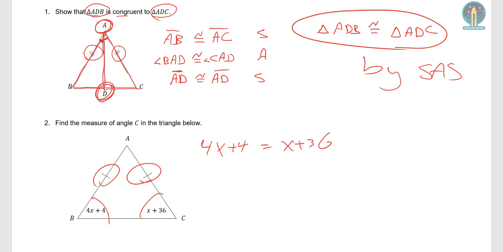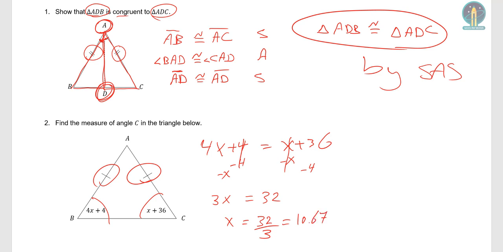Minus 4, minus x. So the x's go away, 4x minus x is 3x. The 4's go away, 36 minus 4 is 32. X equals 32 over 3, which is about 10.67.